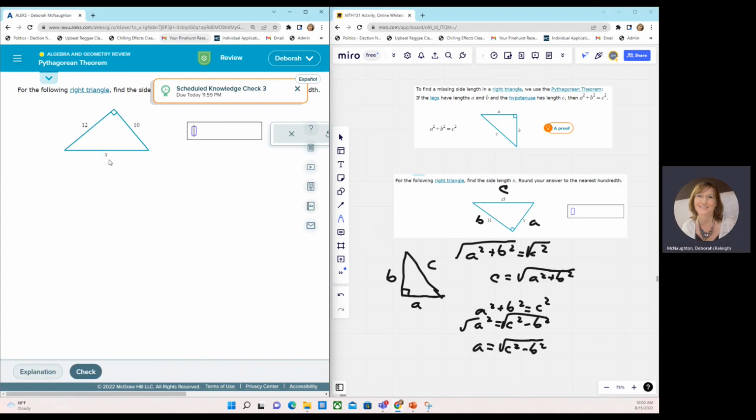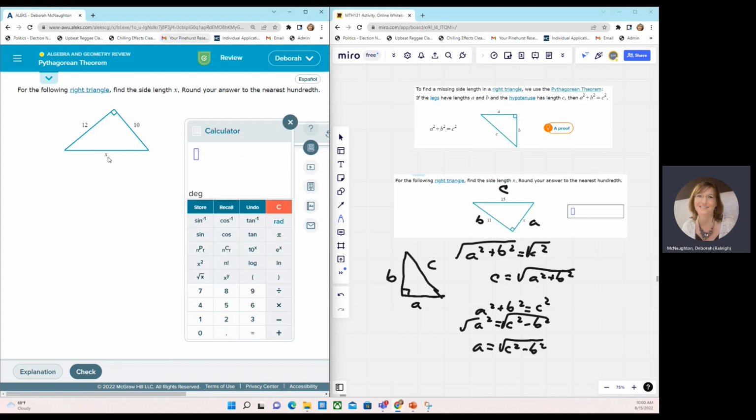Finally, now they asked us for the hypotenuse, so we're going to use the first formula. We use our calculator: x is the square root of 12 squared plus 10 squared, because it's the hypotenuse. And again, the hypotenuse should always be the biggest side.